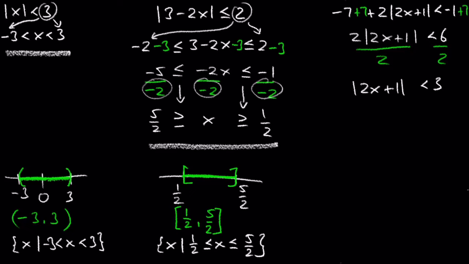Now, the absolute value is isolated on the left side, and on the right side we have a number. So we know now from our previous examples that 2x plus 1 is between -3 and 3.